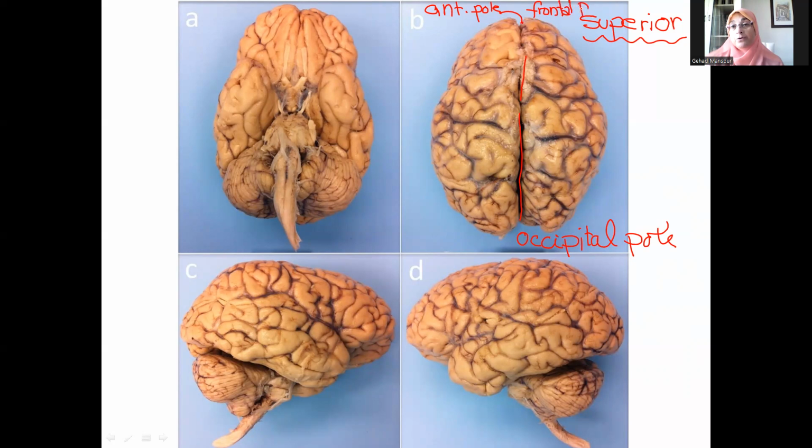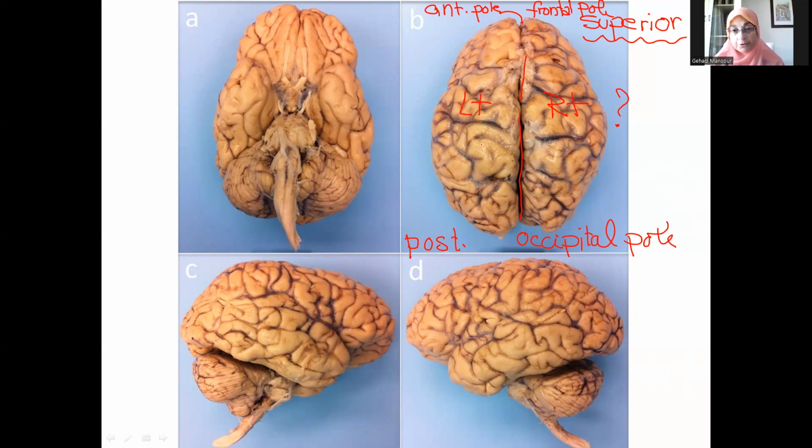So here we have the frontal pole or anterior pole, and here we have the posterior pole or occipital pole. And you can see no structures other than the right cerebral hemisphere and the left cerebral hemisphere. Why did I consider this right? Because I imagine that I'm looking at the brain from above.